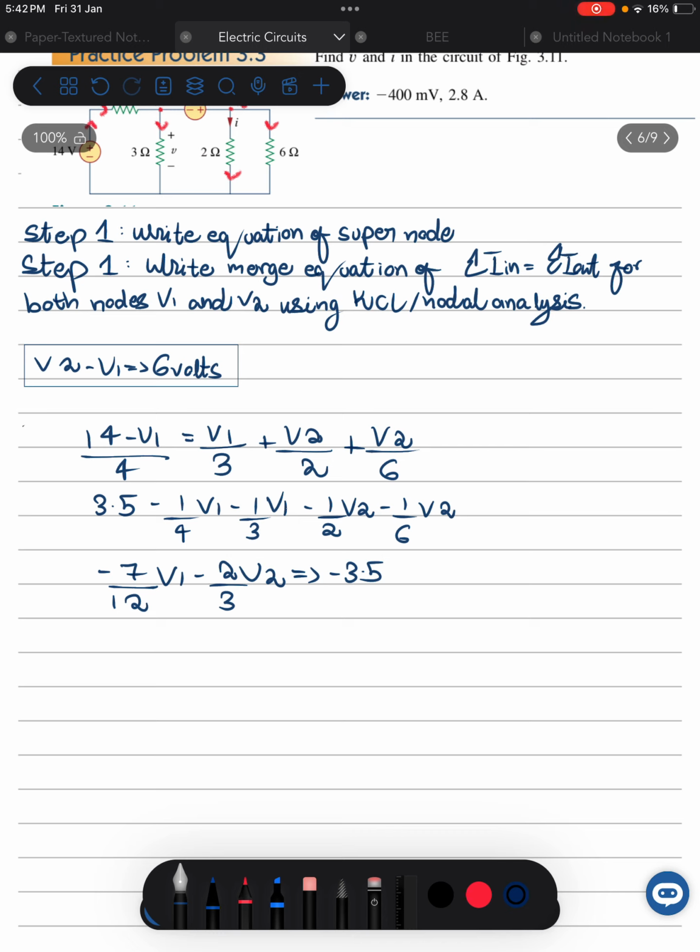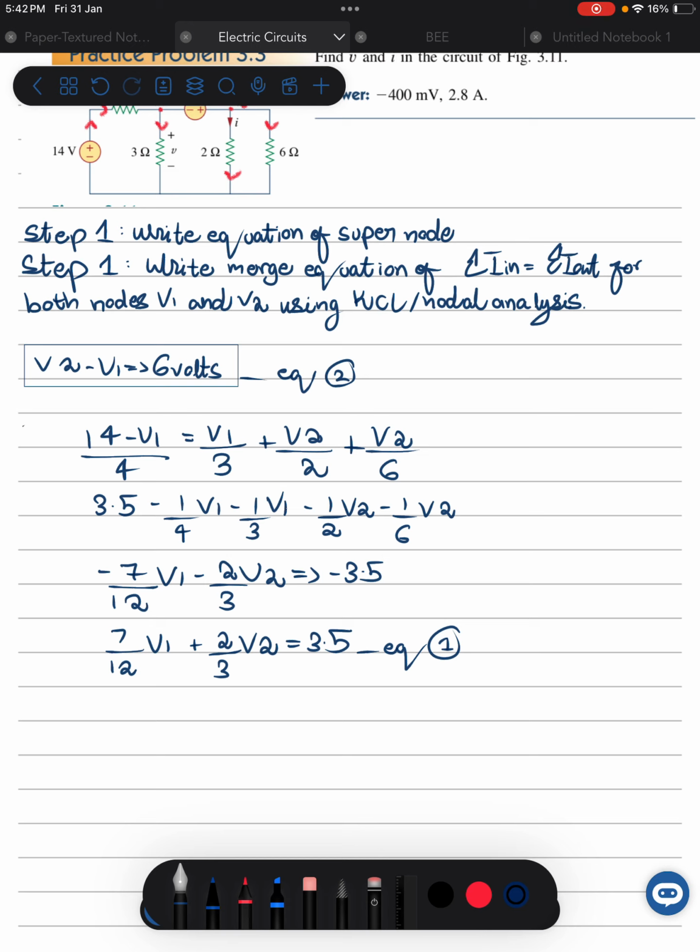Taking the negative sign common, we have 7 over 12 V1 plus 2 over 3 V2 equals 3.5. This is equation number 1, and this right here is equation number 2 of the supernode. Now we can simultaneously solve these equations to get the correct answers.